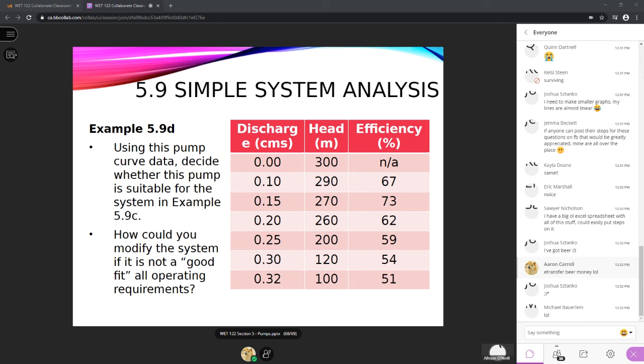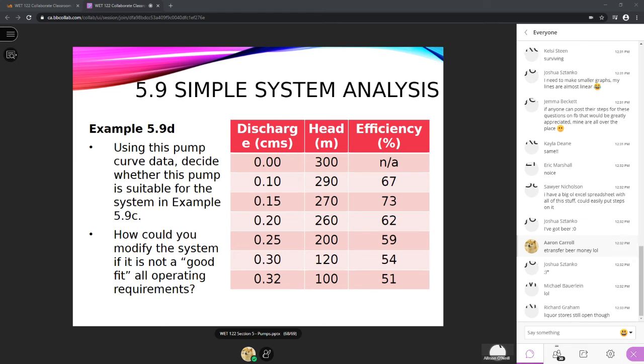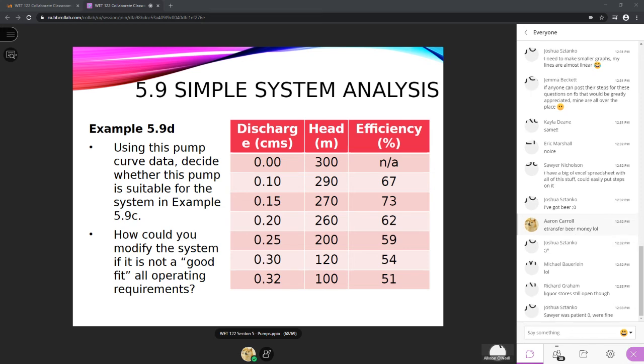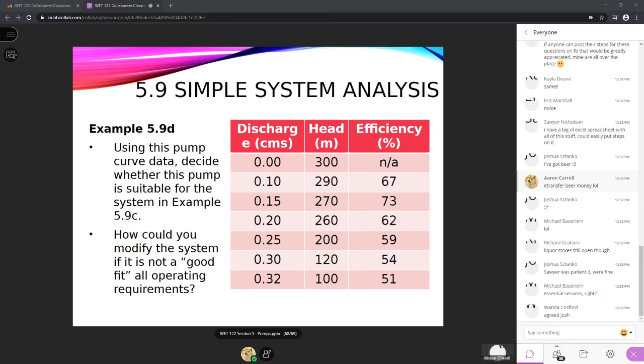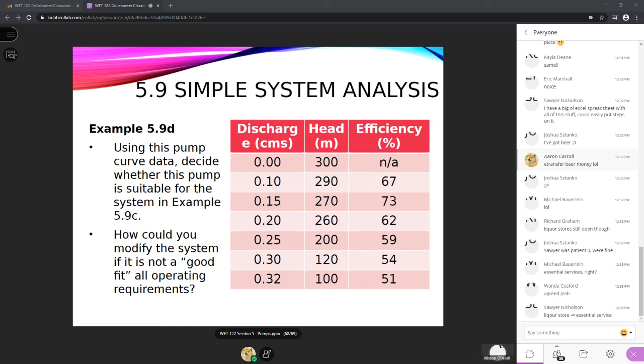So you'll have a beer credit some time. Okay. All right. Yeah, I think they did declare the alcohol store as essential services.